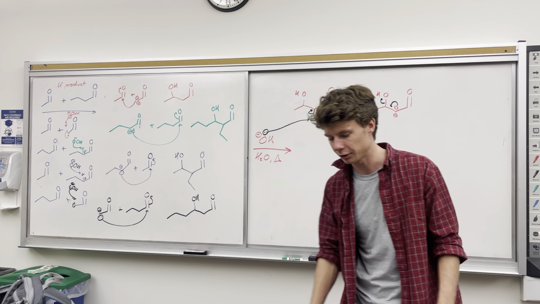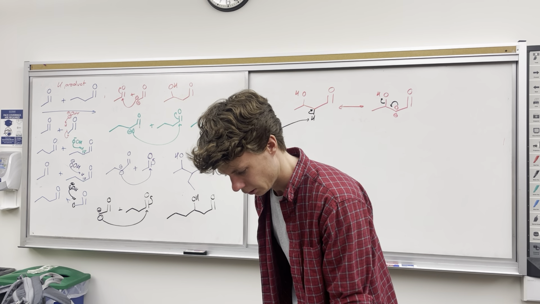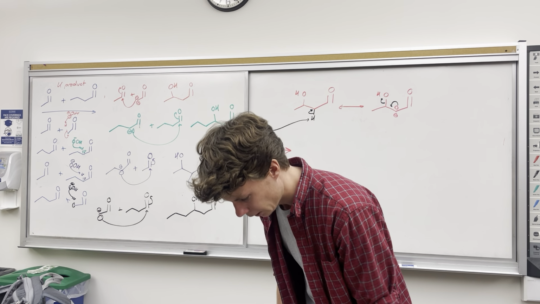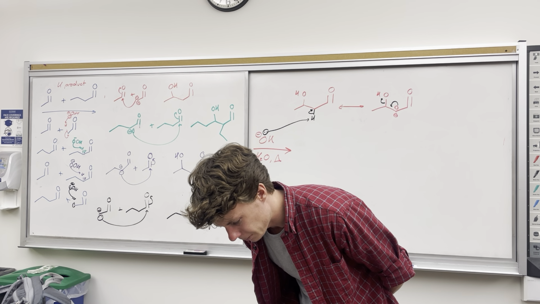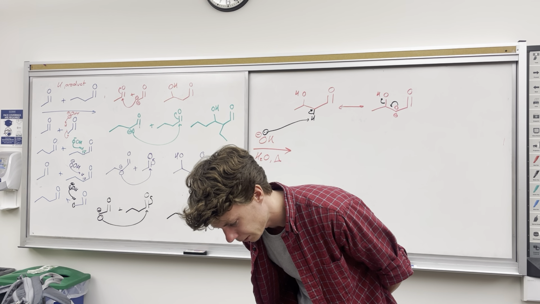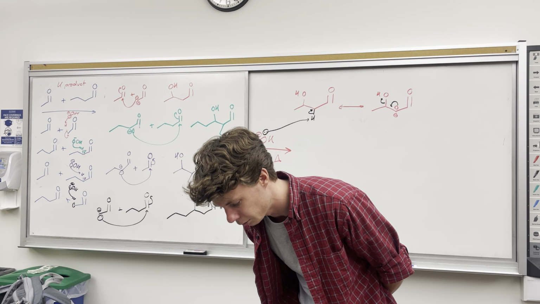Your book talks about it a little bit. The E1-CB mechanism might at first seem to contradict the general rule we encountered for elimination reactions in section 9.9, which states that OH minus leaving group is generally unsuitable for E1 and E2 reactions.